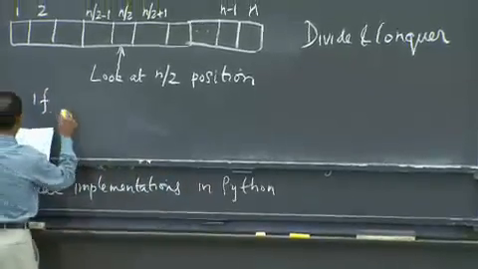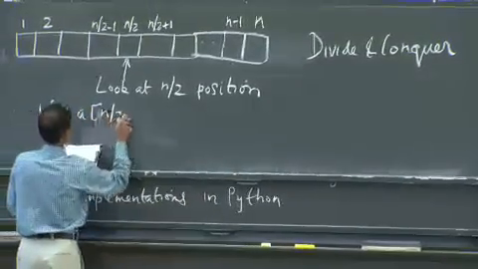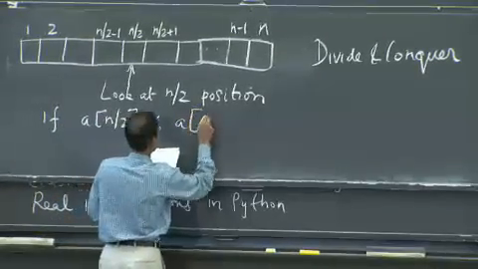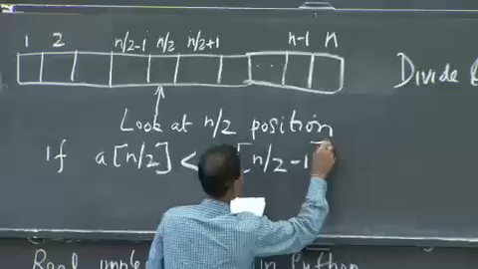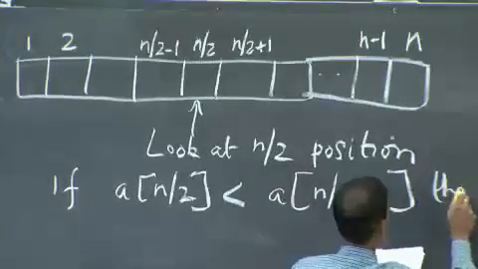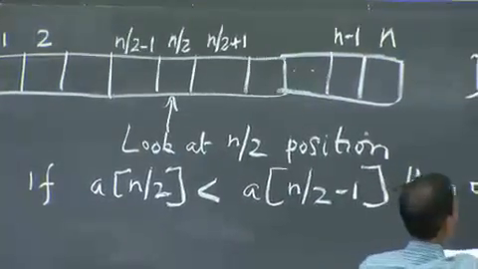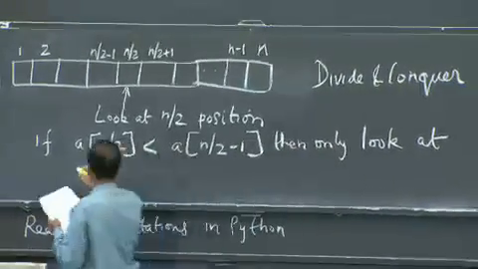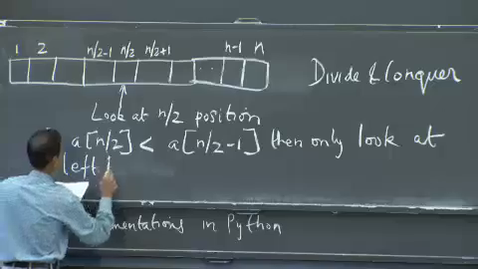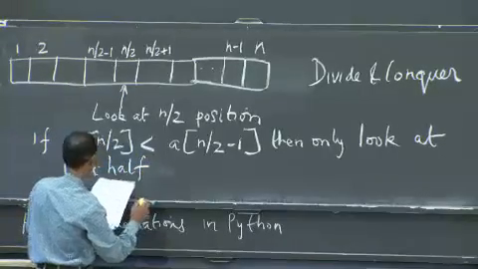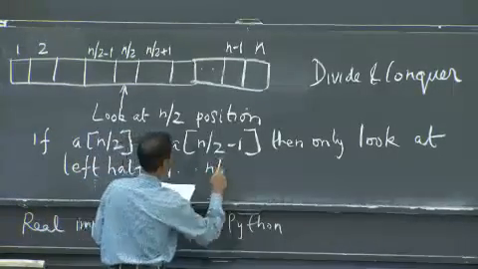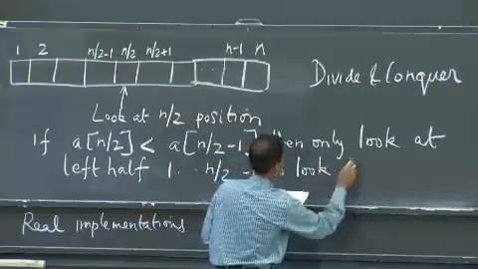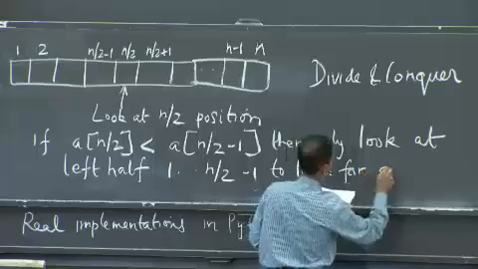So if a n/2 is less than a n/2 minus 1, then only look at the left half, 1 through n/2 minus 1, to look for a peak.